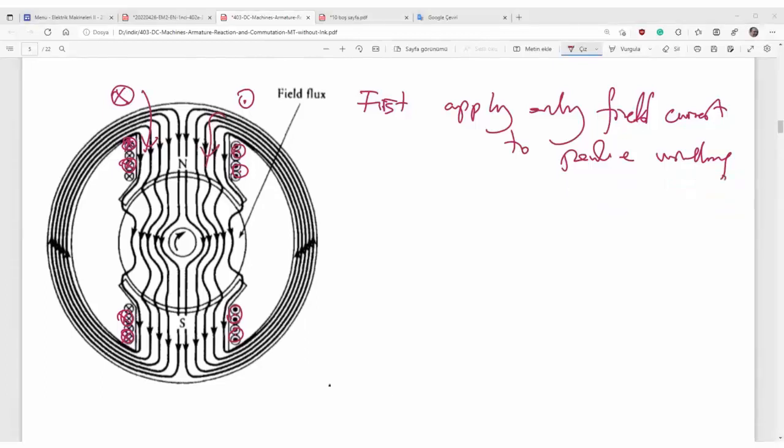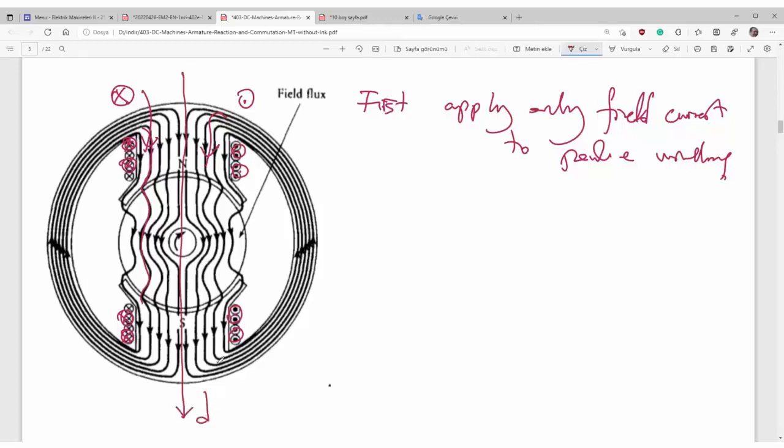Here you see the magnetic flux distribution. Here are equipotential lines. You know, flux lines are always perpendicular to equipotential lines. So such a path will occur inside the machine. That is the field flux. That is the d-axis in a synchronous machine.